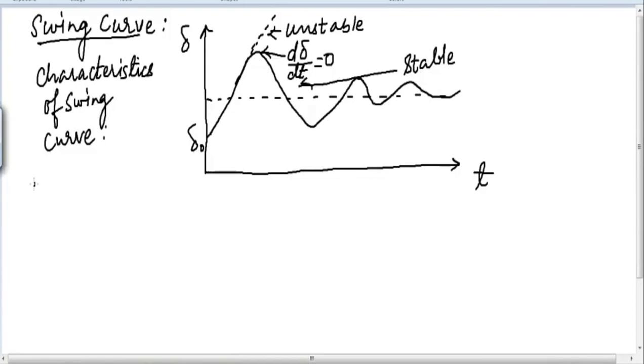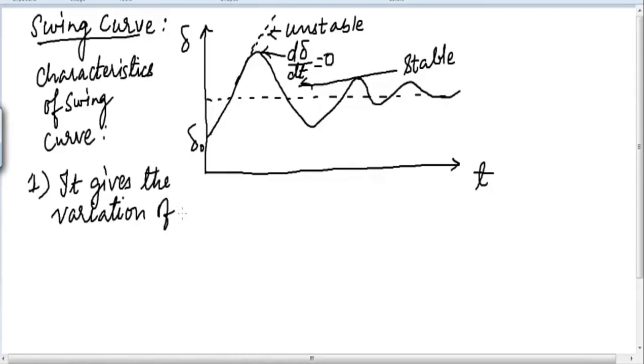The first characteristic is that it gives the variation in delta with respect to time.